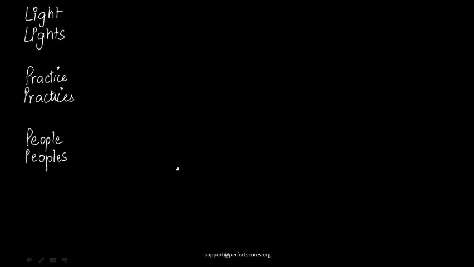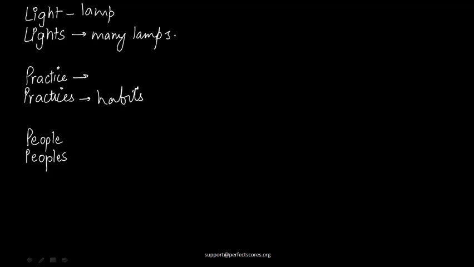For example, the word light, singularly, it means to light a lamp or maybe one lamp, but lights would refer to, for example, many lamps. Similarly, practice can refer to exercise of a profession, but practices can refer to habits. People represents a collection of persons. Peoples can refer to whole nations.